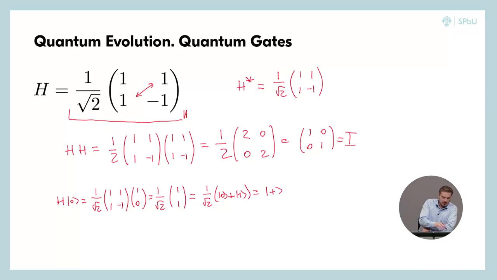And maybe not a surprise to you, when H acts on vector 1, it gives us Hadamard minus. So the Hadamard operator, the Hadamard gate, maps our traditional orthonormal basis 0, 1 to the Hadamard basis plus, minus.